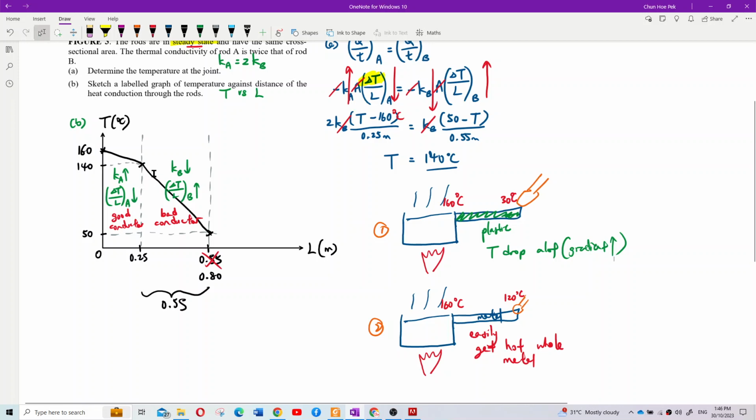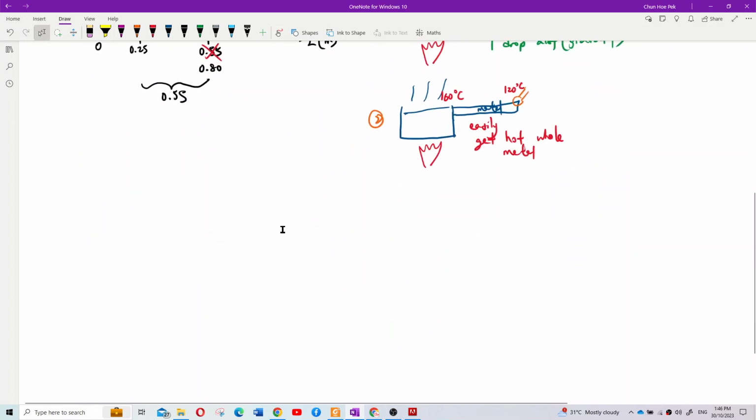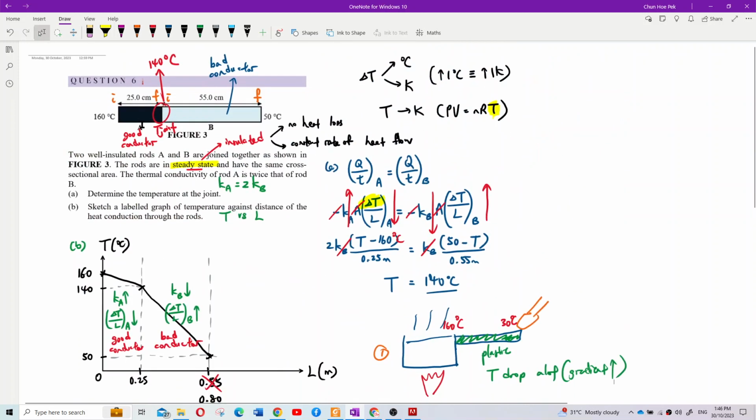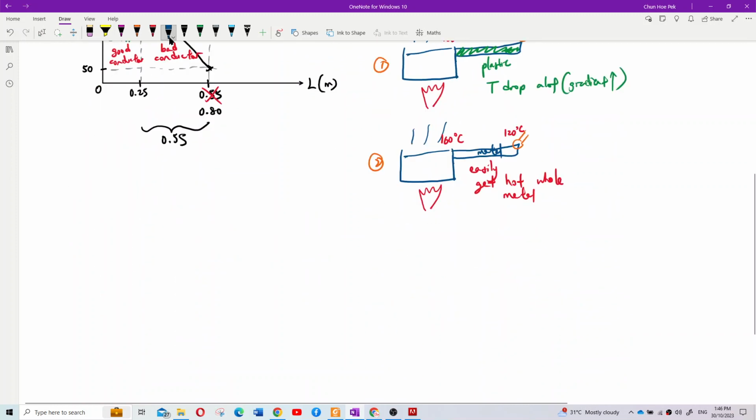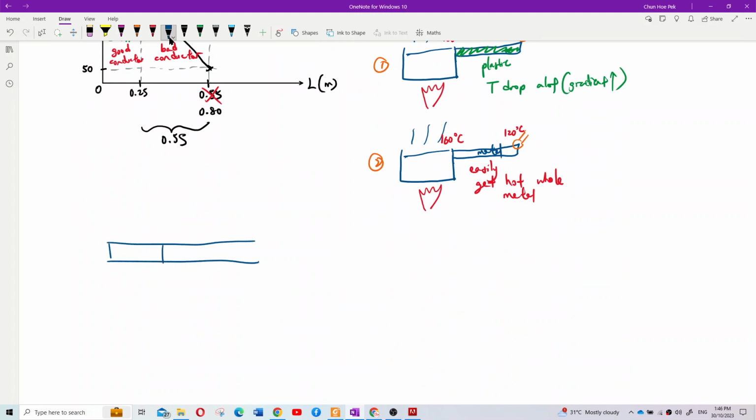So this is a good conductor, this is a bad conductor. So let's say I change it. Maybe rod A I change to over here, and B I change to the other side. What will happen, class? This time maybe B I put it here, A I put it here. So this bad conductor is here, the k is small. The good conductor is now over here.